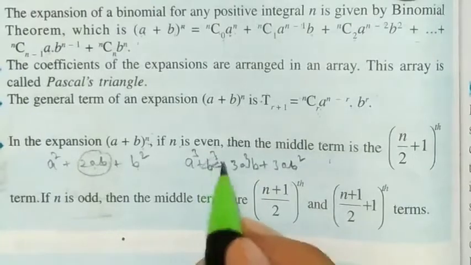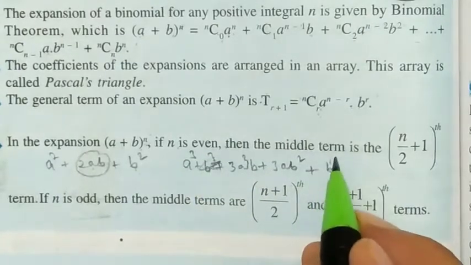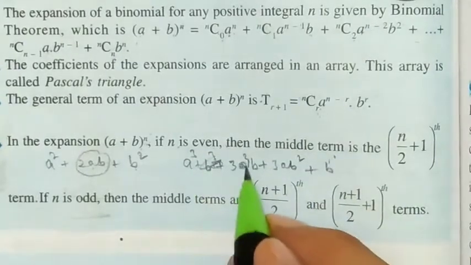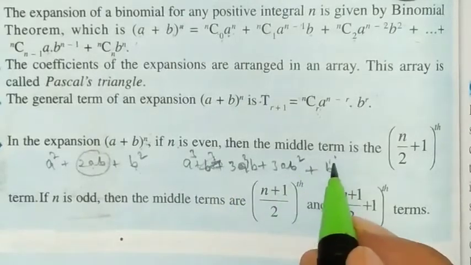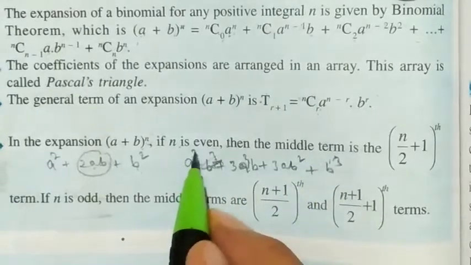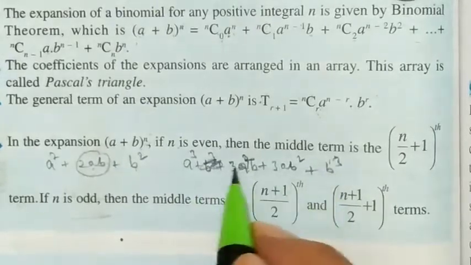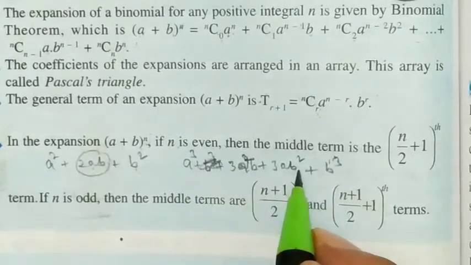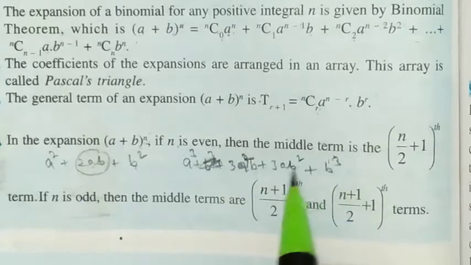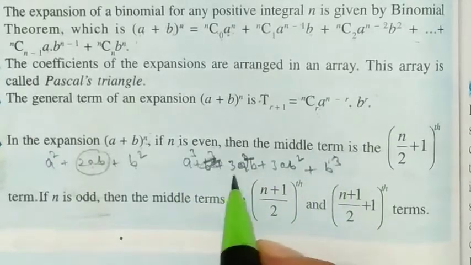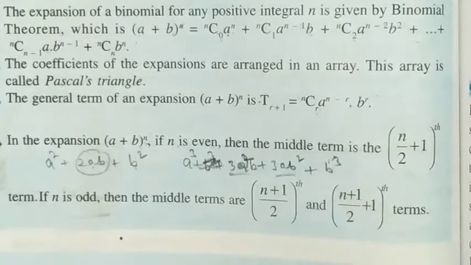These four terms are there. The powers of a are decreasing: 3, 2, 1 and 0, and the powers of b are increasing: 0, 1, b^2 and b^3. So here four terms are there. So what are the middle terms? These two terms are the middle terms.